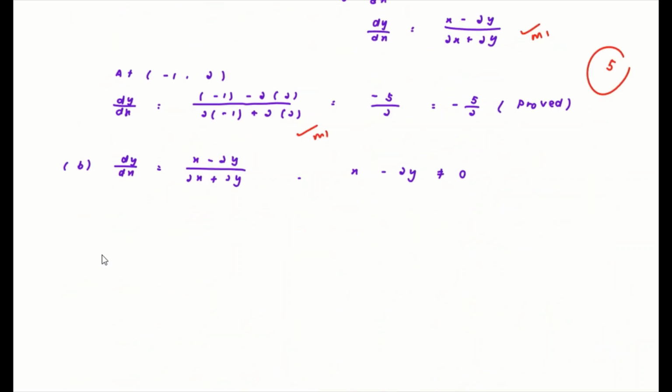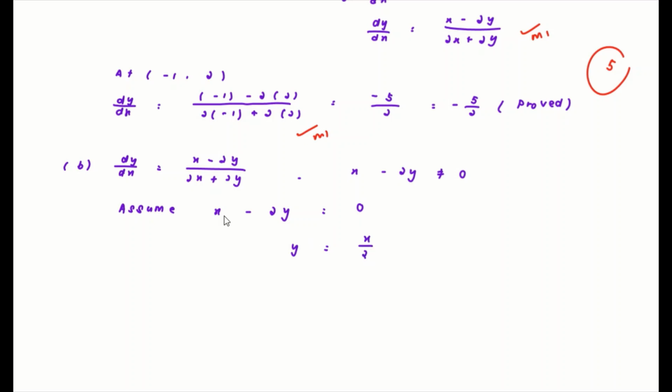So in this case, let's assume, okay, x minus 2y. Yeah, because the denominator cannot be 0, right? We are saying no stationary point, which means dy dx equals to 0. So assuming the numerator is equal to 0, then y should be equal to x over 2.